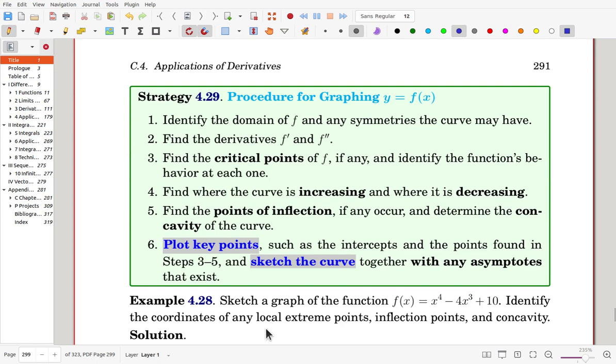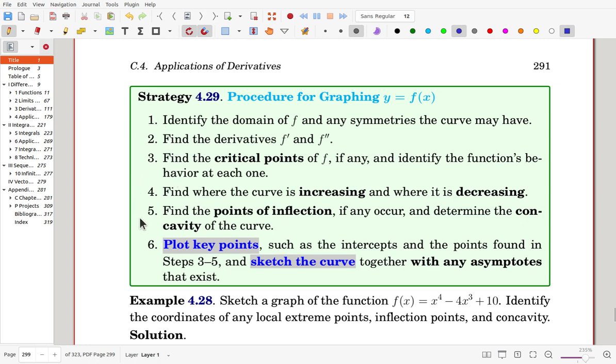Now, when you try to sketch the given function, this is the procedure. Try to find the critical points through the derivative, and also figure out the regions where the curve is increasing and decreasing. Also find the points of inflection and determine the concavity.